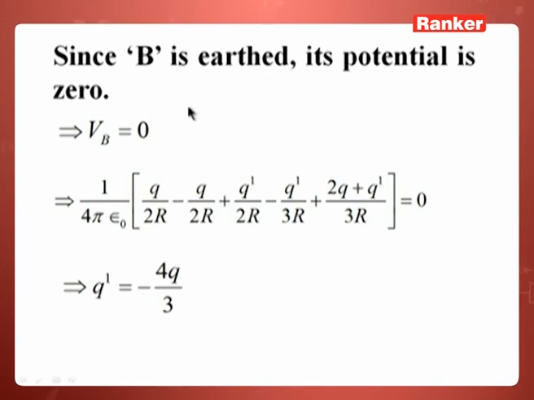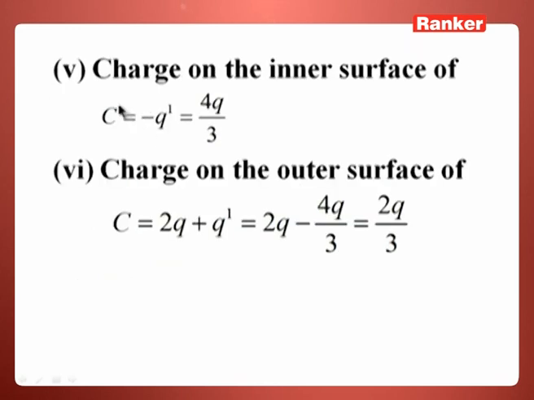Since it is earthed, it should be equated to 0. The moment you equate that to 0, you will be able to get the charge on its surface. That is Q dash is equal to minus 4Q by 3. Let us take the next bit now. What would be the charge on the inner surface of C? C means the outermost spherical shell. That can be taken as minus Q dash.